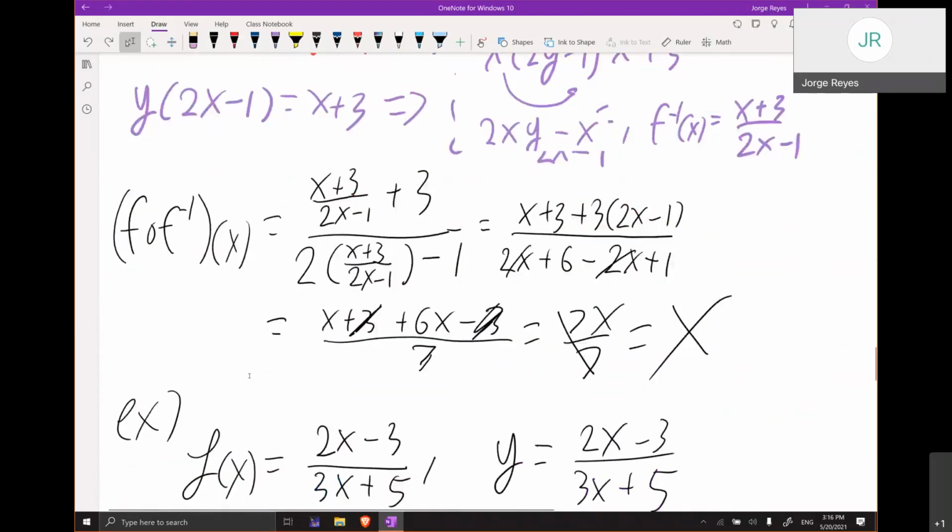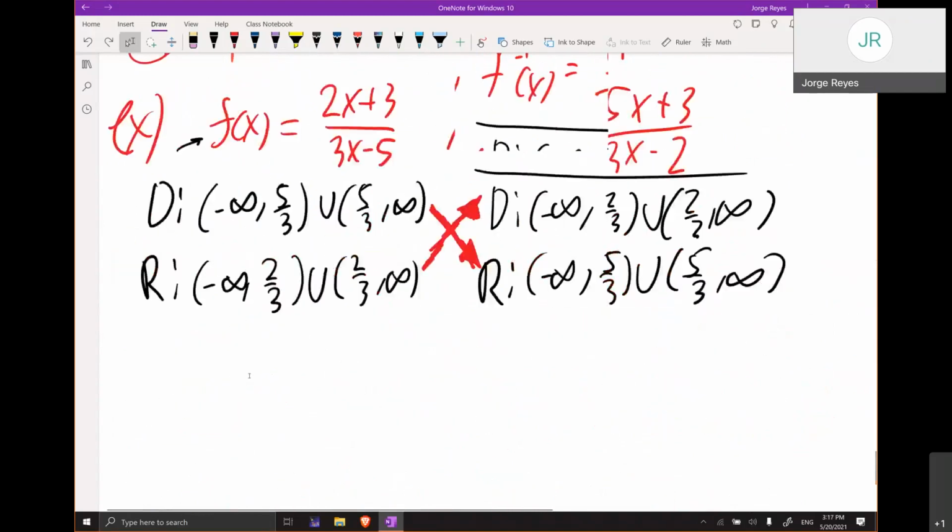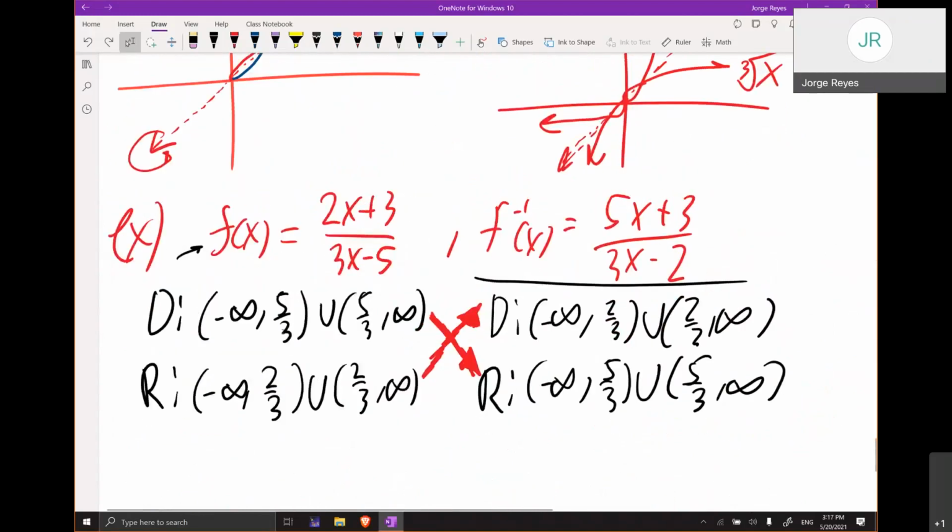Okay, so this is a really useful way to find the other one's info, right? Like range, this thing's range is a little complicated to find, right? You pretty much would have to draw it to find the horizontal asymptote. But actually, we wouldn't have to do that because we could just cheat and we could easily see this thing's domain, which we know would be the same thing as this thing's range, okay?